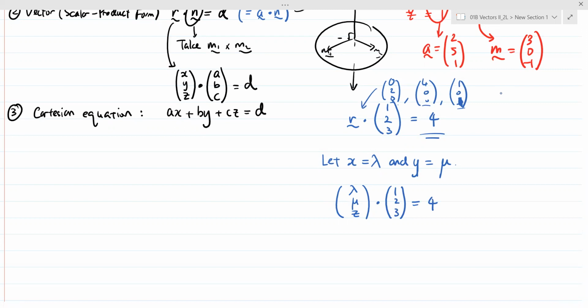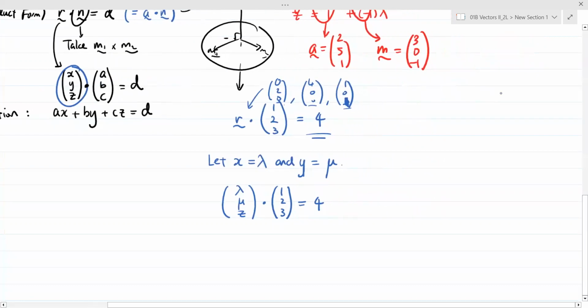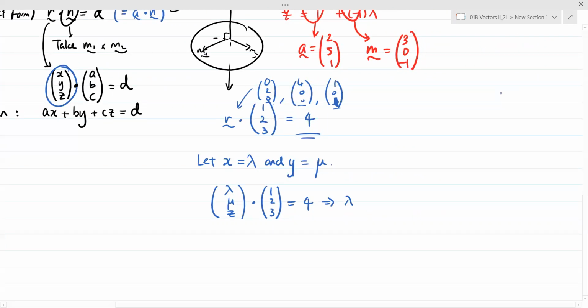Right? Because your R vector is just your X, Y, Z. Okay? So from here, I can expand out the scalar product, and then I make Z the subject.